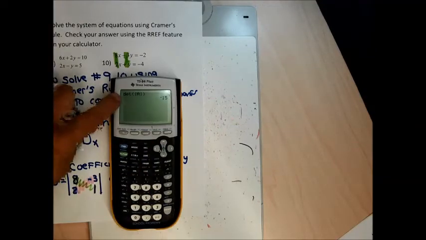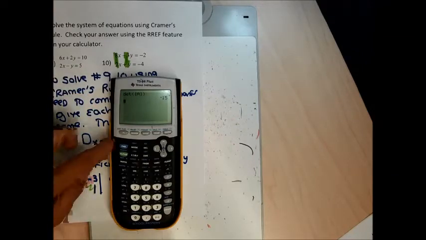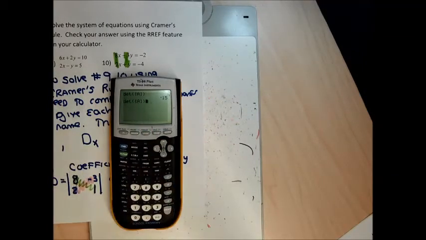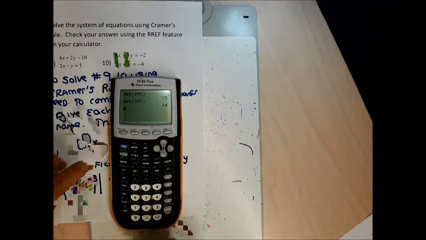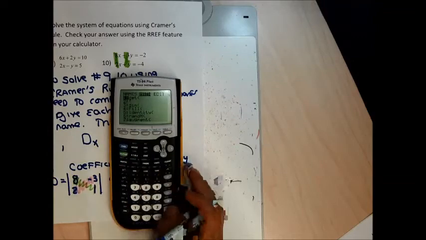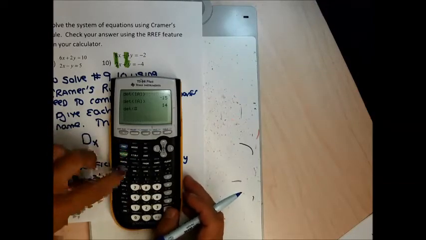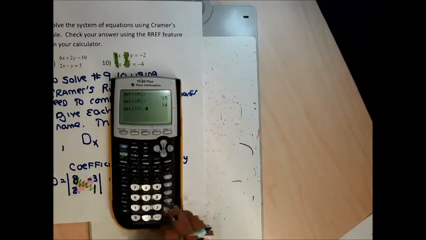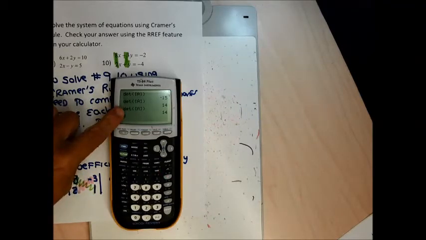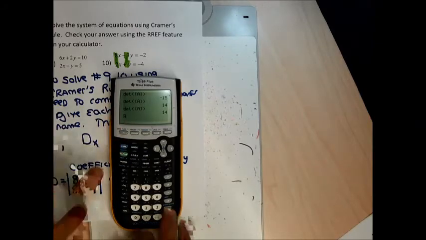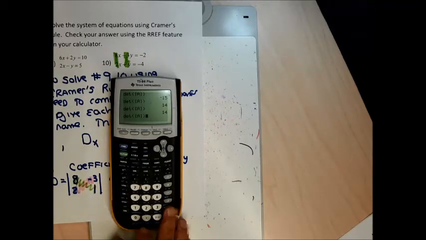Since I just did the matrix before, determinant of A, I can just type second and enter, and that line will come back up, and I can quickly find the determinant is 14, rather than going second, matrix, math, determinant, second, matrix, enter. I'll still get the 14. So because I have DET A on the line above, if I hit second and enter, my calculator is going to pull that line back up and find the determinant of whatever my new matrix A is.